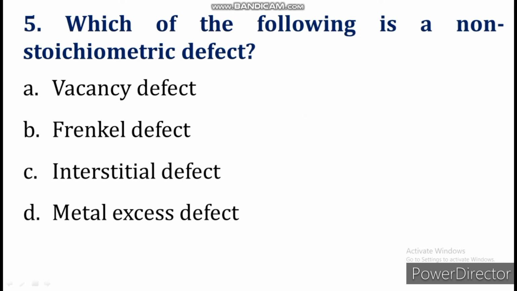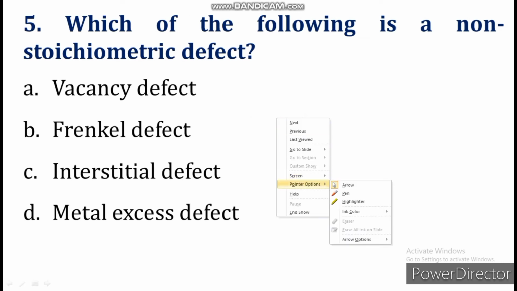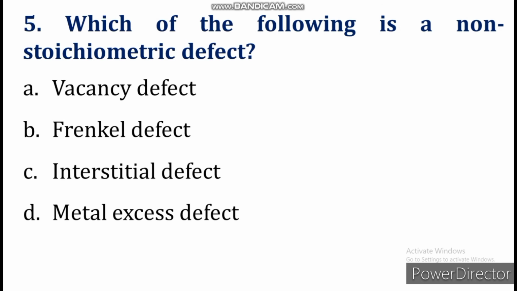Which of the following is a non-stoichiometric defect? What is a stoichiometric defect? A stoichiometric defect is one where the stoichiometry of the compound does not change, meaning the ratio of cations to anions stays the same.